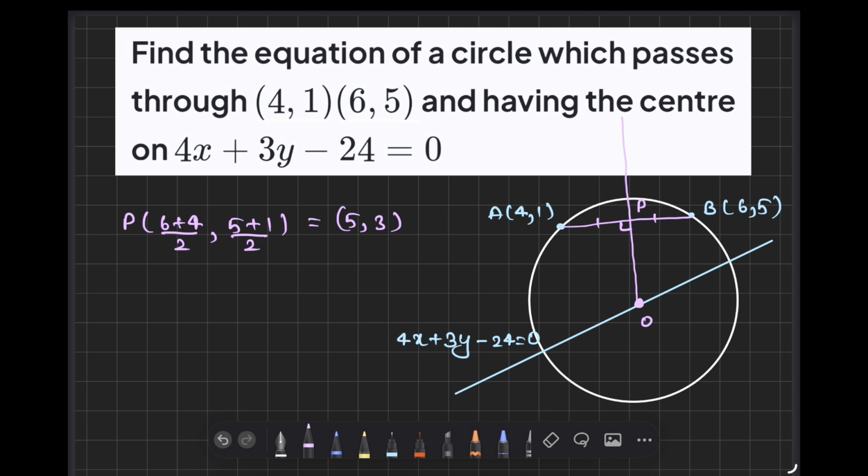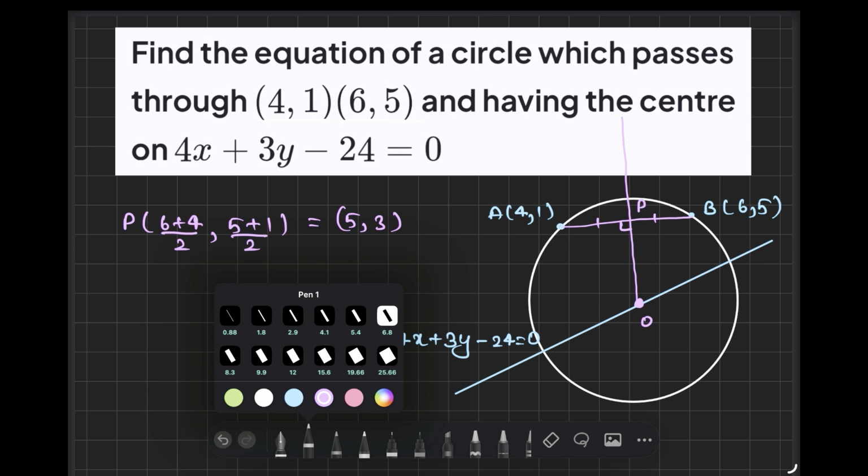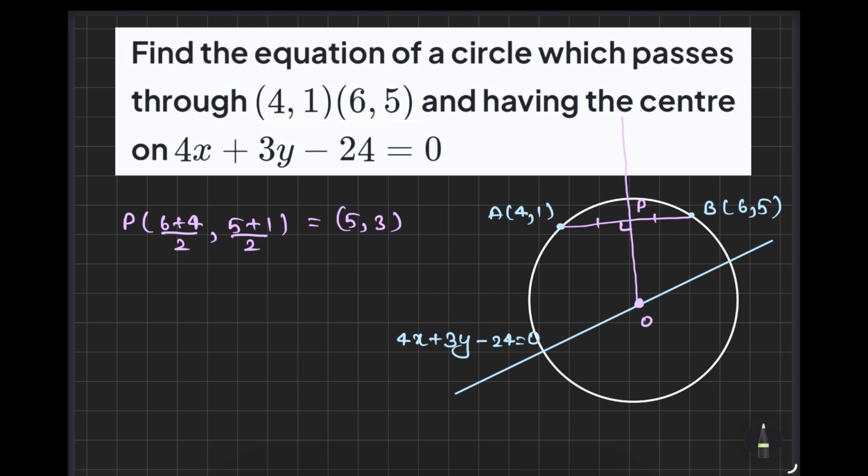Now you know that line AB and line PO are perpendicular to each other. So can I use this property? Slope of AB into slope of PO will be equal to minus 1.